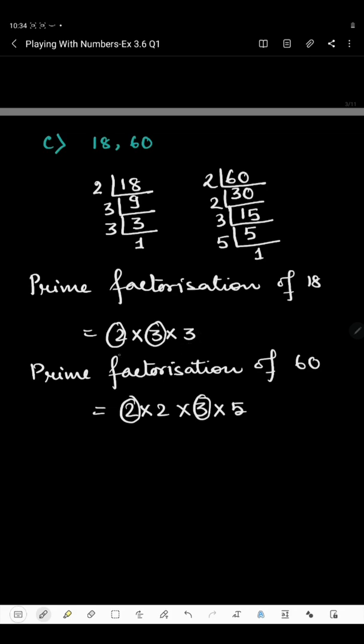So the common factors are 2 and 3. Now we will find the HCF. The HCF of 18 and 60 is the product of the common factors. So we just multiply these two to get the HCF. So 2 3s are 6. Okay.